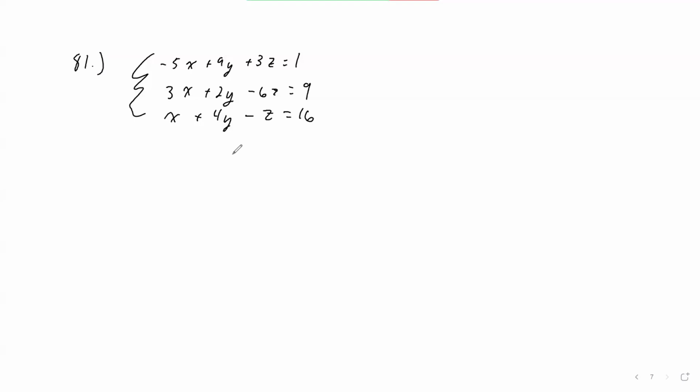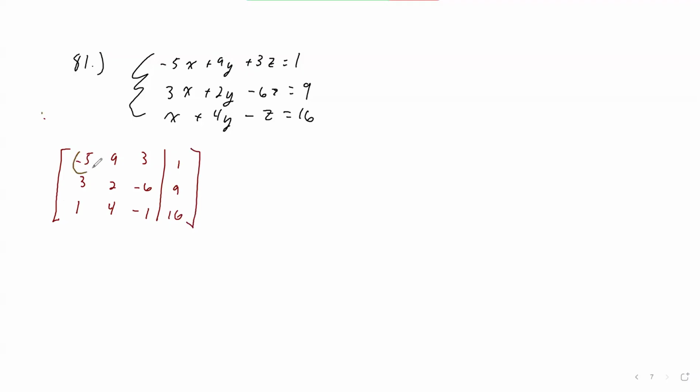Step 1, just like always, write out the matrix. Negative 5, 3, 1, 9, 2, 4, 3, negative 6, negative 1, 1, 9, 16. All right, here's the thing.